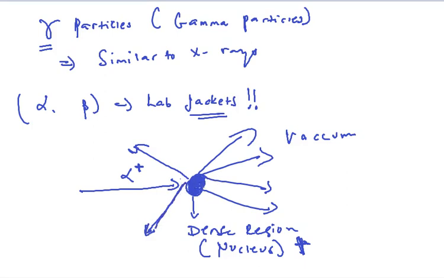So the center is a positively charged nucleus, and the other part is like a vacuum. A vacuum means that there's nothing there, but the idea is that there are electrons, but as you know, electrons are always in motion, so they cannot stop the alpha radiation.